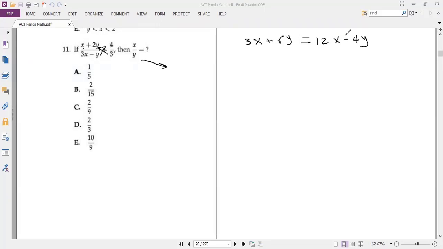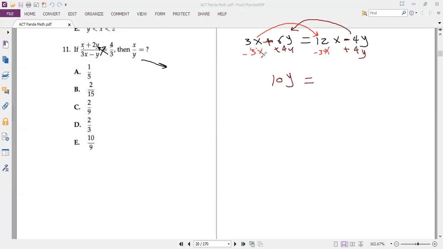So it should be better: the smallest one goes to the largest one. So this is 6y plus 4y, or mentally, 4y comes here, becomes 10y, one step. Another step, 3x goes here by minus, so it should be minus 3x.